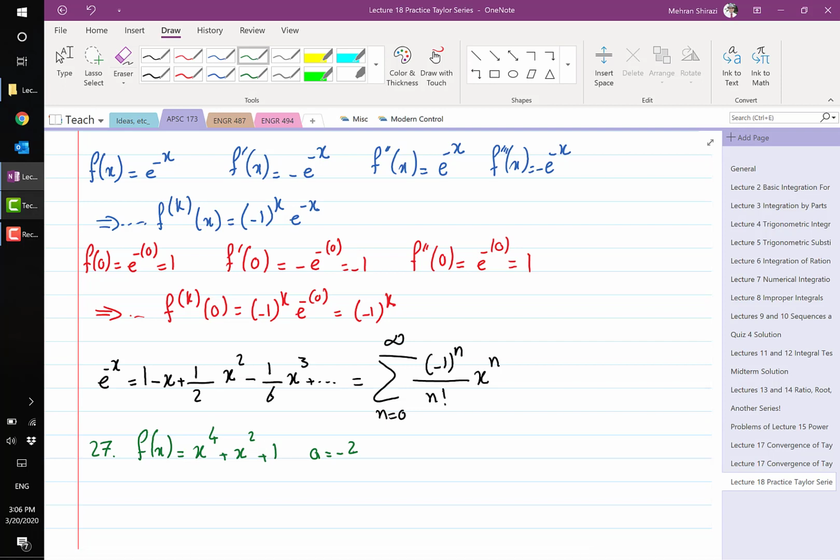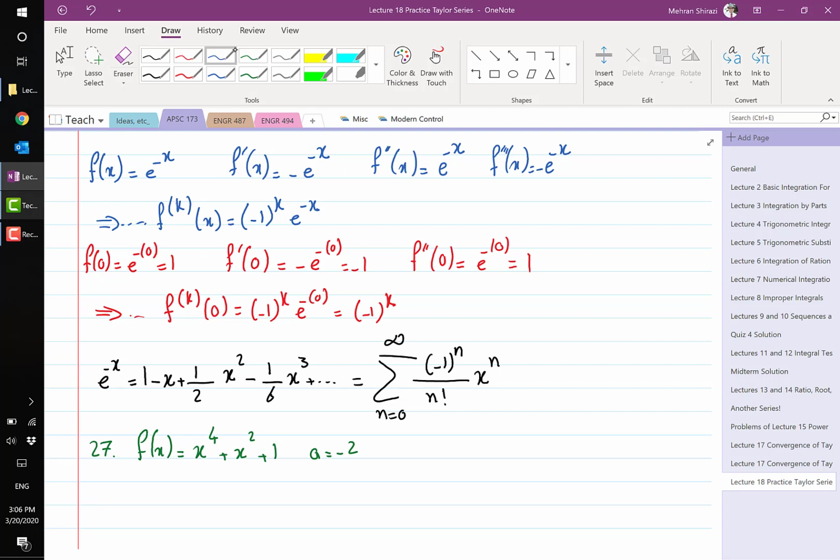So the Taylor series generated by this f at the center, which is not 0 this time, it's not a Maclaurin series, it's a Taylor series. So think a little bit about it, see what we should do, look at the lecture note if necessary, then we are going to solve it. You can pause the video, try, and then look at the solution.